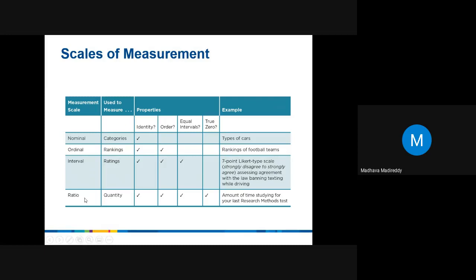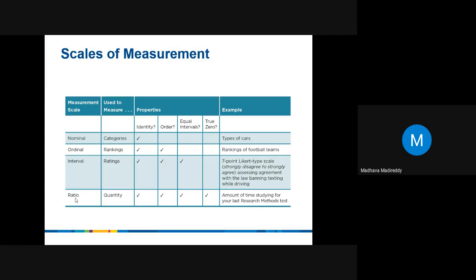The ratio is just a measurement of a quantity. Why do they call it a ratio instead of a number? Because let us say somebody asks you what is your weight, and you tell them 52. So 52 kilograms means what? 52 is a number, a ratio between your weight and the weight of 1 kilogram. That's why it's called a ratio.